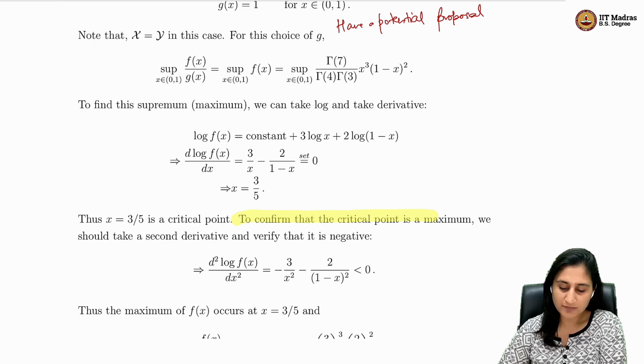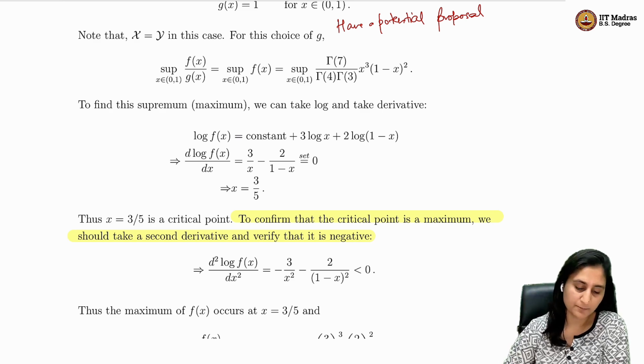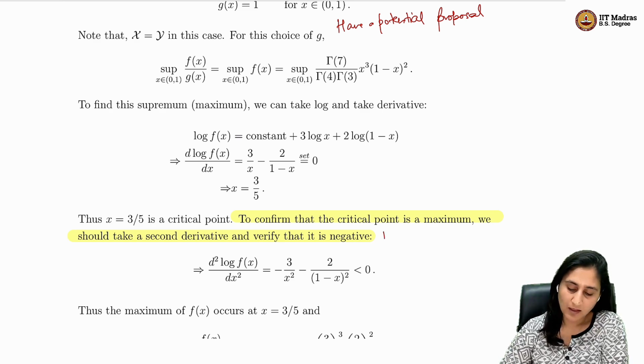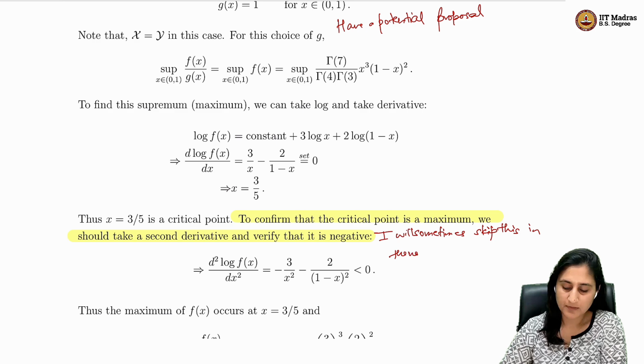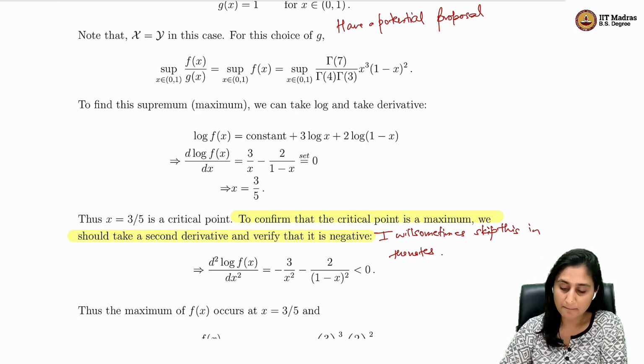Now, at this point, we only have the critical point. So to confirm that the critical point is a maximum, we should take a second derivative and verify that it is negative. I will sometimes skip this in the notes, particularly when taking a second derivative is straightforward and it would not be a good use of our time in these videos, but you should always verify.